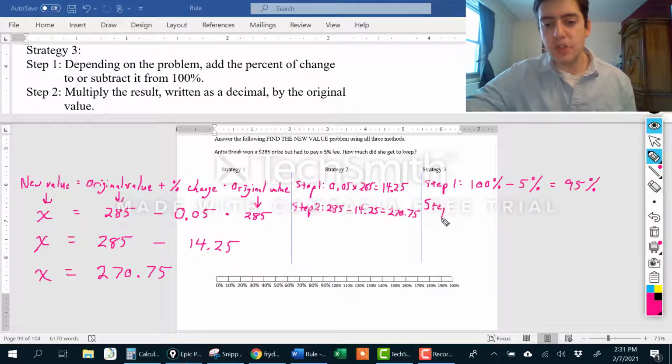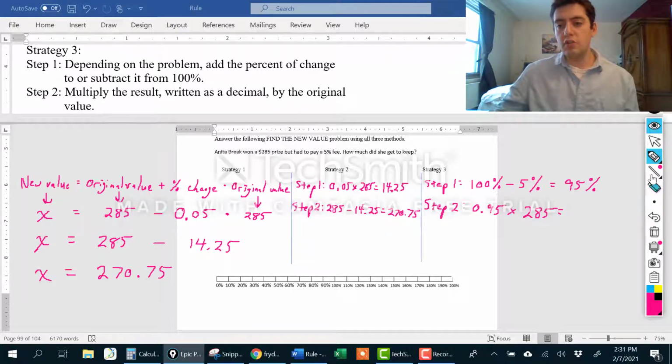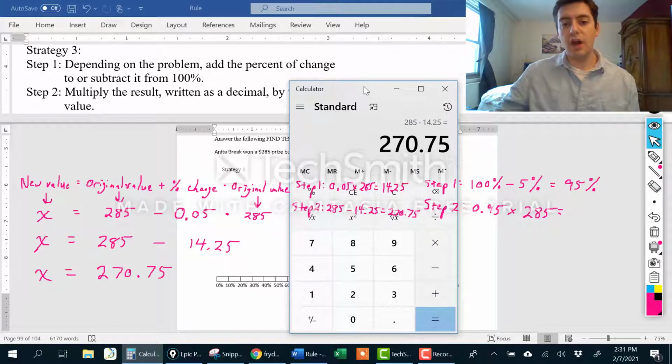And then step 2 is we're going to multiply the result, meaning multiply 95% written as a decimal, which would be 0.95. Multiply that by the original value. The original amount that Anita got was $285. And you can see that if you do that, you will get the exact same answer that you got before.